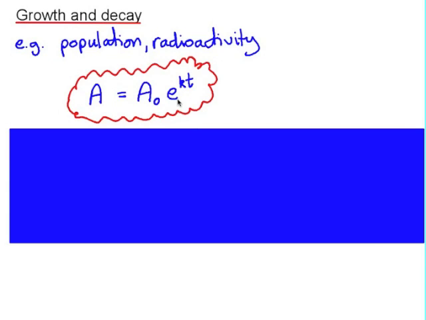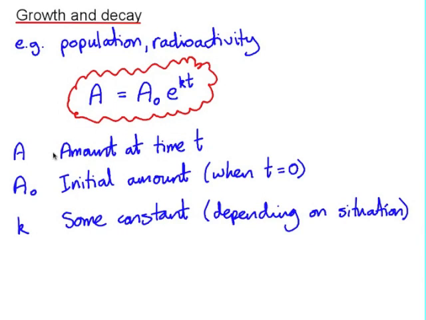Amazingly, this number e can be used to help us describe mathematically many real-life situations involving growth and decay, such as population growth or radioactive decay. Growth and decay can be described using a formula like this, where A is the amount of the population or radioactive material at a particular time t.